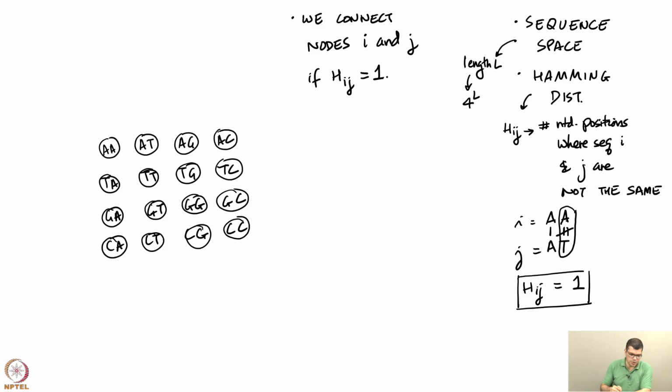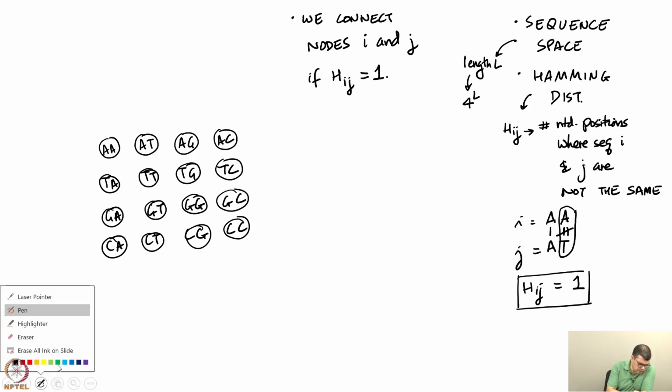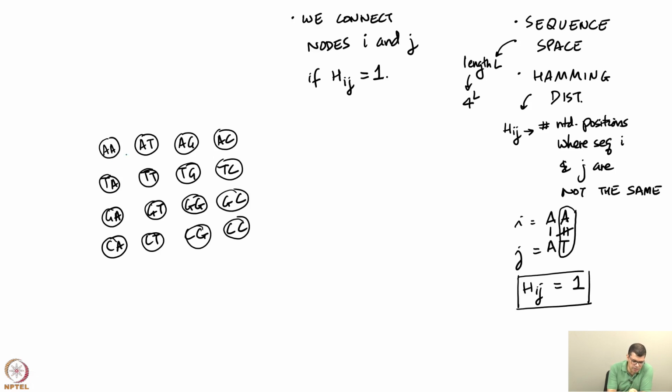Okay. So what you should see is that AA and AT, the Hamming distance between these two nodes is 1, because they are identical at the first position A, but not identical at the second position. So these two have to be joined with an edge. Same with AA and AG, because identical at first position, not identical at second position. So these two have to be joined also. And the same logic applies to AC.